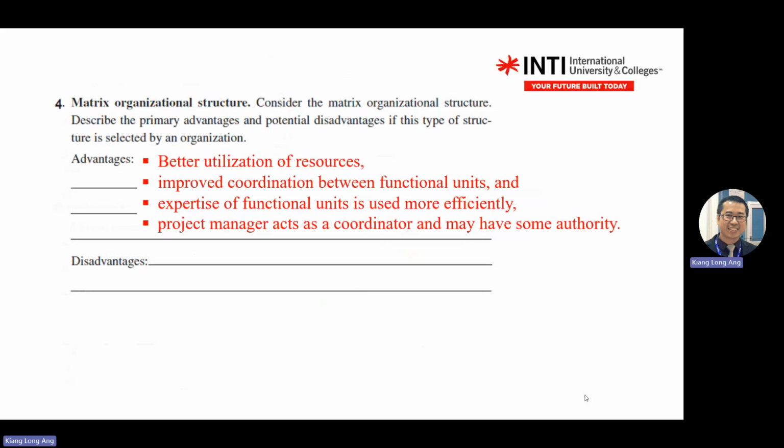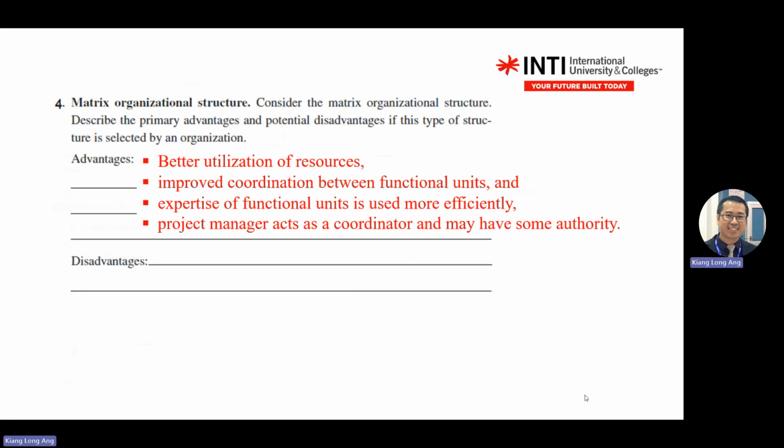They need to negotiate with each other between the project manager and the functional manager. So better utilization of resources. You need coordination. Expertise of functional unit is used more effectively because they are grouped and then mixed together.